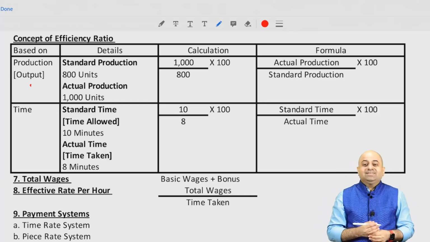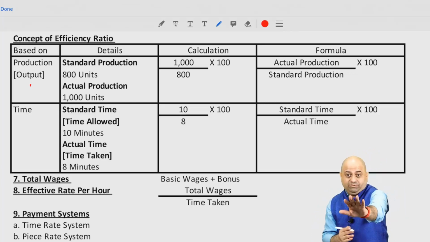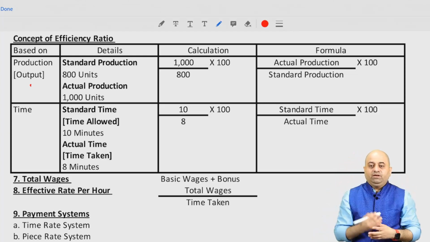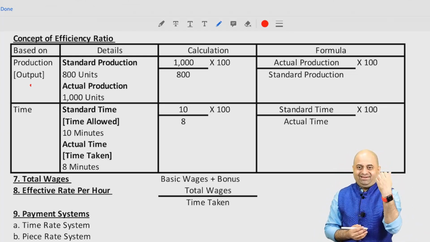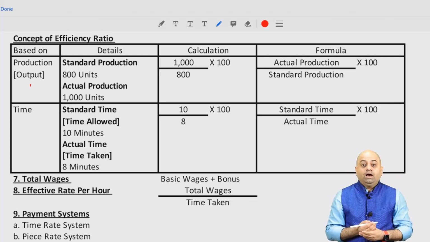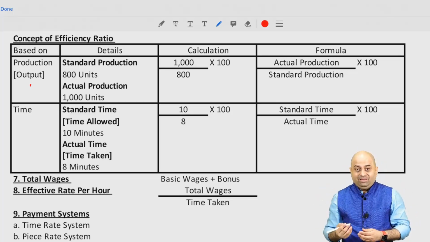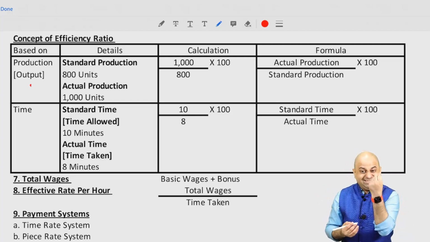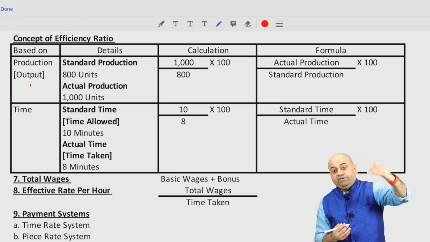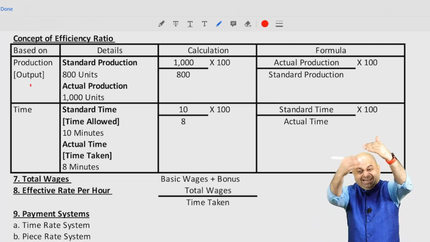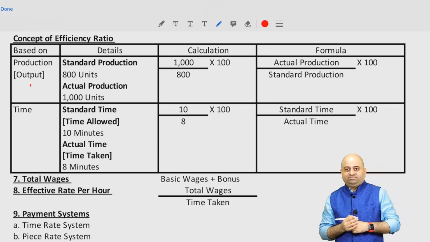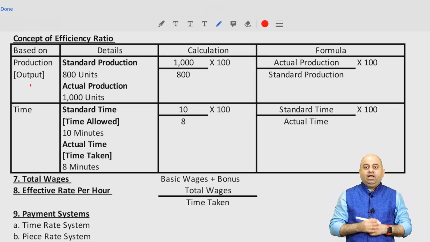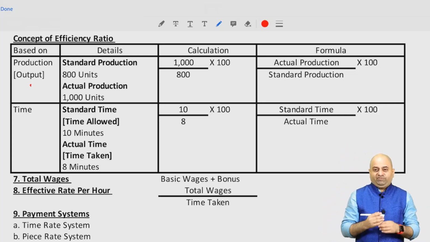Now, standard efficiency ratio is 100%. Wait. What does that mean? He was supposed to produce 800. He actually produced 1000. Standard efficiency ratio is 100%. What does that mean? If he was supposed to produce 800, he does produce 800. His efficiency ratio is 100%. Now, try to understand, my dear friends.